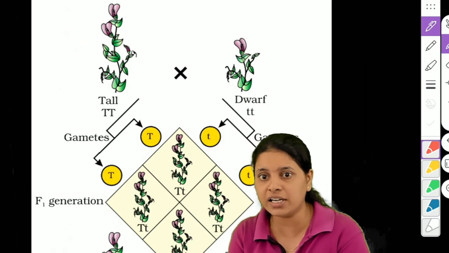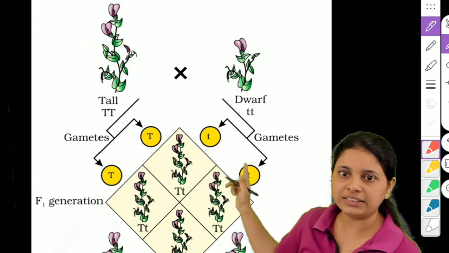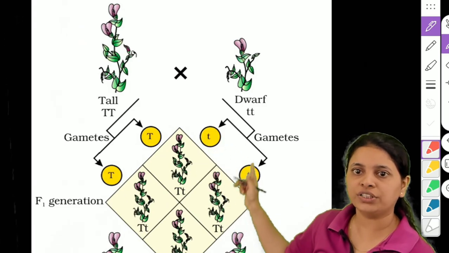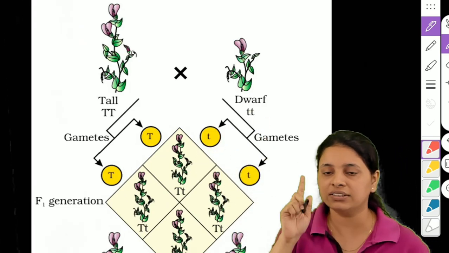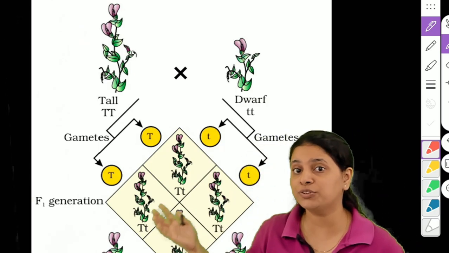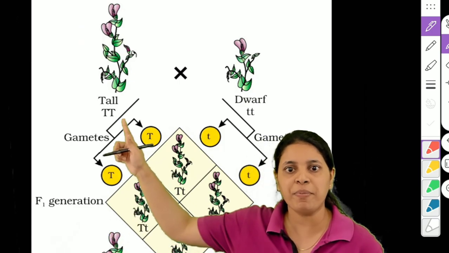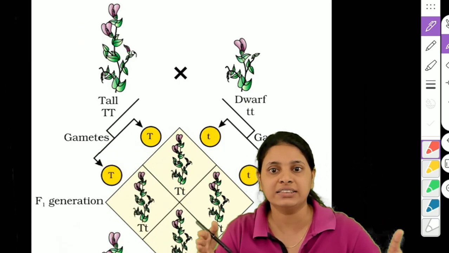Meiosis is a reductional division, so these factors will separate, and whatever gametes are produced in this dwarf plant have a single copy of small t, right? So this actually explains the law of segregation, that during gamete formation this pair of factors separate.